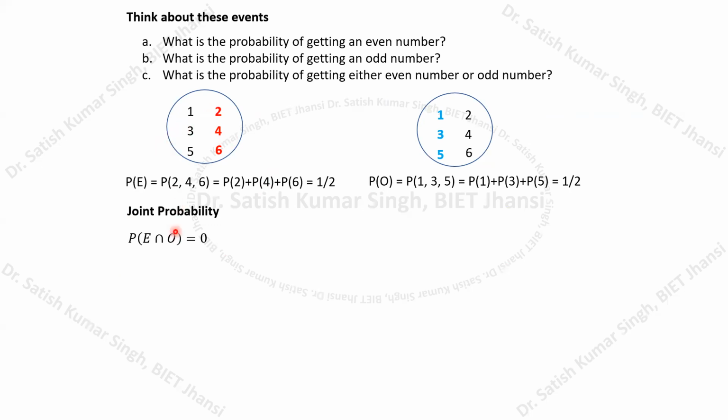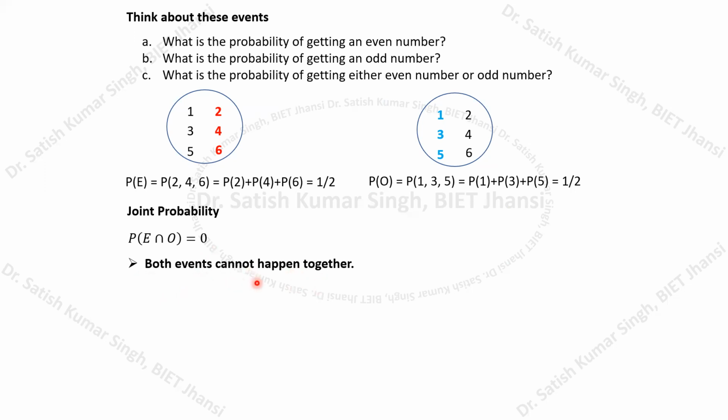It is not possible, and therefore the joint probability of these two events is zero. We cannot simultaneously have an outcome which is an even number as well as an odd number. So these two events cannot happen together.